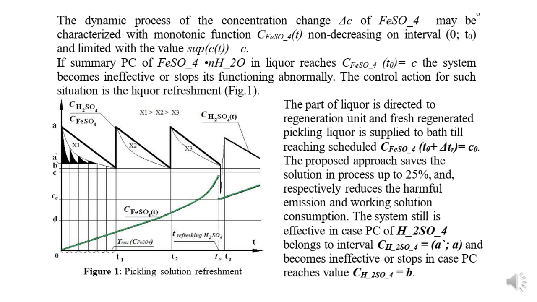The control action for such a situation is the liquor refreshment. You can see this in Figure 1. The change of concentration of multihydrate ferrous salt is drawn by a green line.